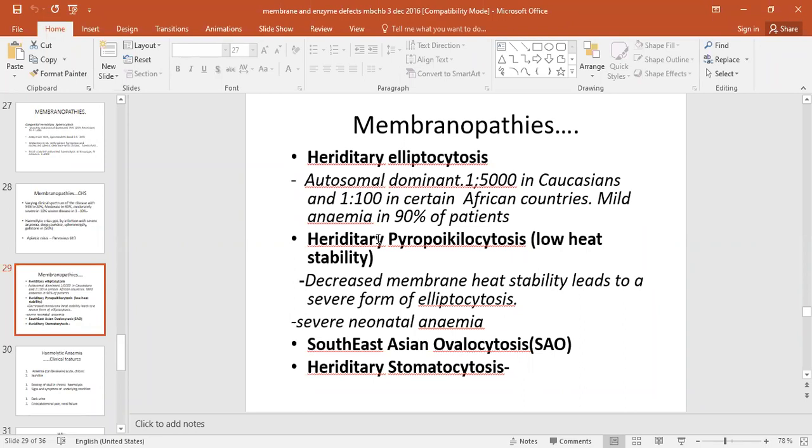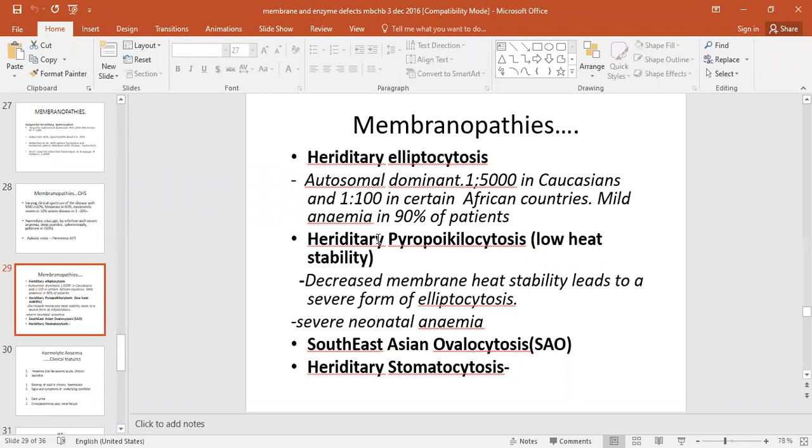We've seen a lot of patients in the Southeast Asian region presenting with ovalocytosis, and then you can also get what we call hereditary stomatocytosis. All these are membrane-related disorders that we can consider mentioning in our various setups.